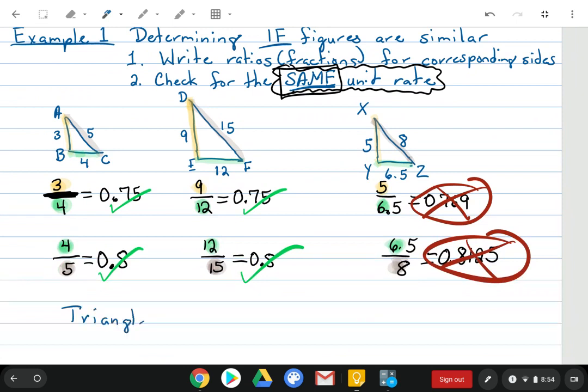Triangle ABC is similar to triangle DEF because the sides are proportional.